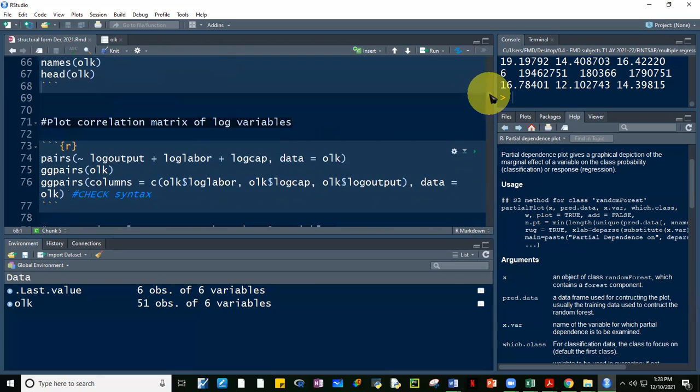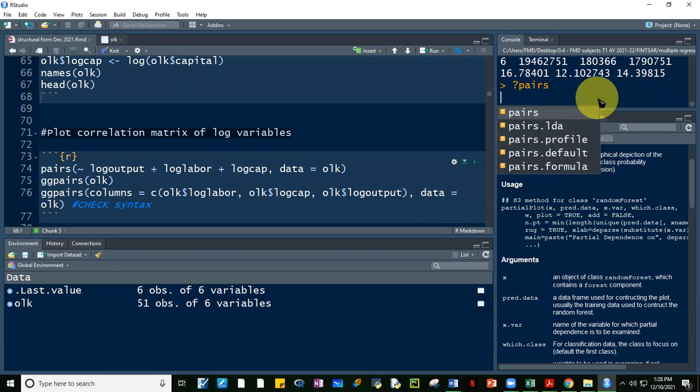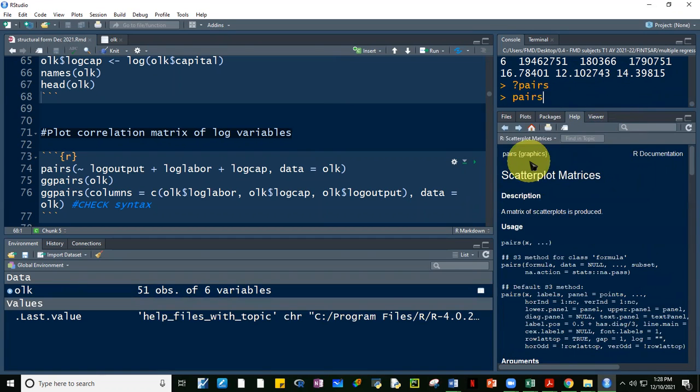So let's first understand the data. Let's plot the correlation matrix of the log variables. So we use the pairs function. Ang pairs, guys, let me check. Core plot ba to? Pairs. Okay, it's in the graphics package.